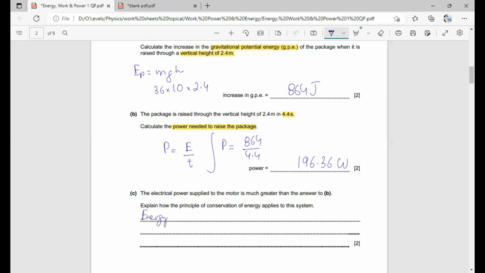energy is transferred from one form to another form and is dissipated or wasted into the surroundings.